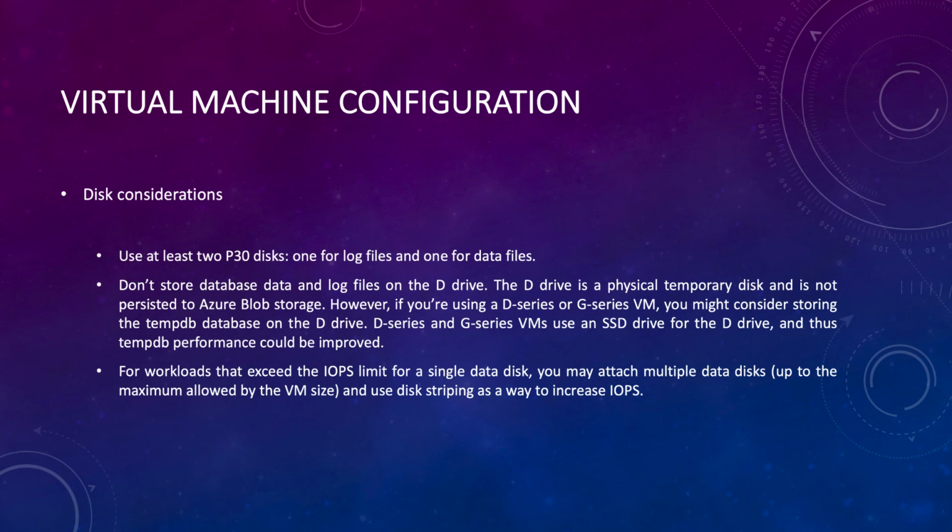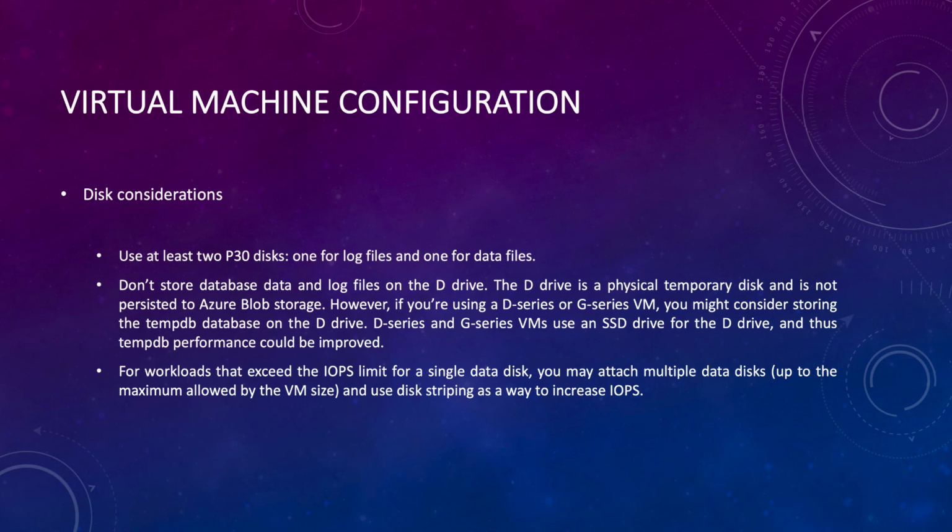About the disk considerations, it is recommended that you use at least two P30 disks, one for log files and one for data files. Remember not to store database data and log files on just the D drive. The D drive is a physically temporary disk and is not persisted in Azure Blob Storage.